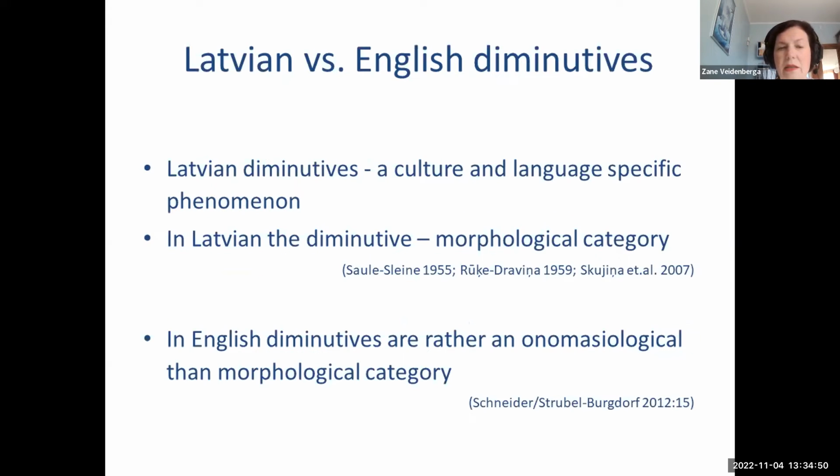And Latvian diminutives can be considered a culture and language specific phenomenon. And in Latvian, a diminutive is a morphological category.